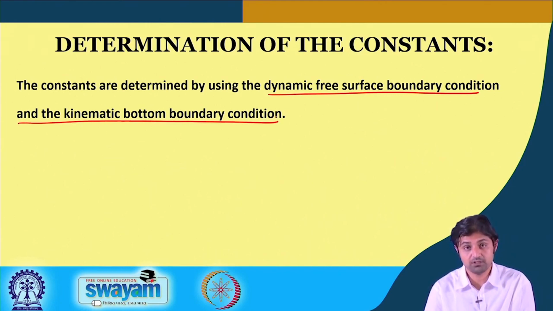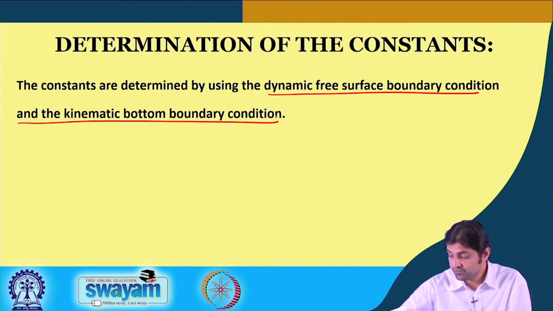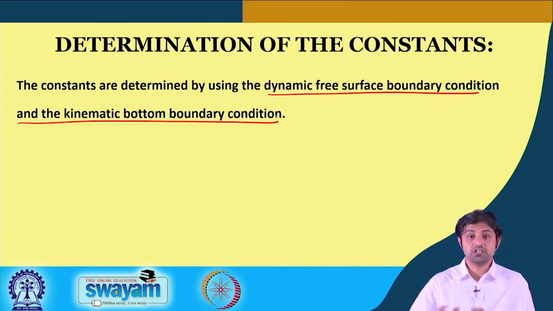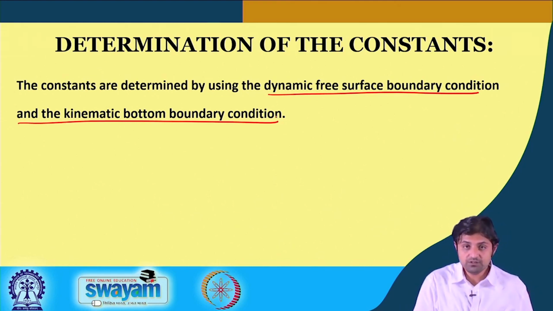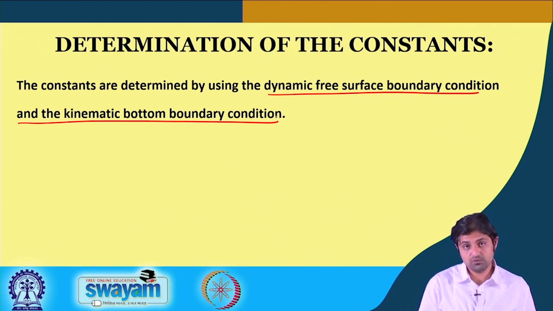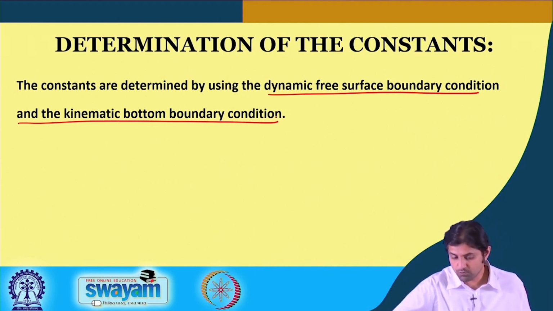As you would remember, by the definition of the boundary condition, there could be infinite number of solutions to a governing equation. However, with the application of boundary conditions we can find one or more unique solutions to the problem. That is what we are going to do. These constants will be determined from the boundary conditions.